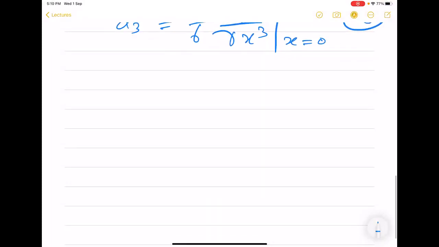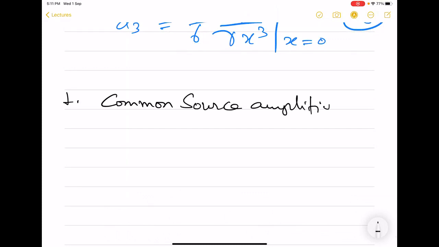Now we will start with the simplest scenario. So let us take a simple common source amplifier, and this we are going to consider without degeneration.